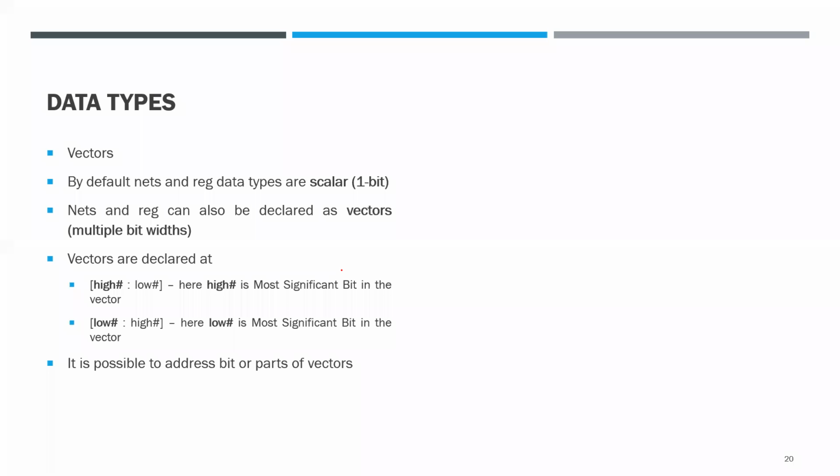Now, since we are assigning more than one bit, we'll be able to access the bits individually. For example, we specified 3 is to 0, so I'll be having 4-bit locations, which is 0, 1, 1, 0 something.